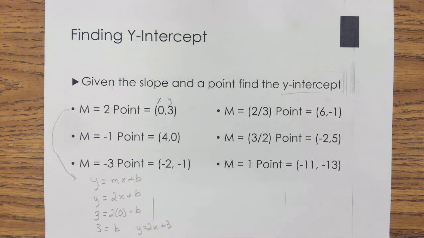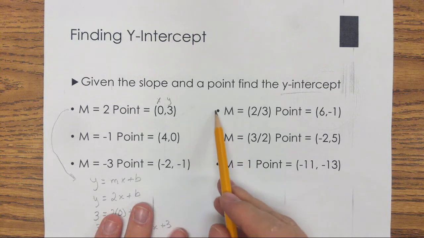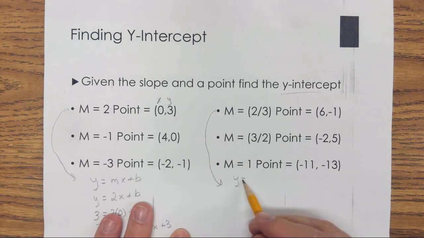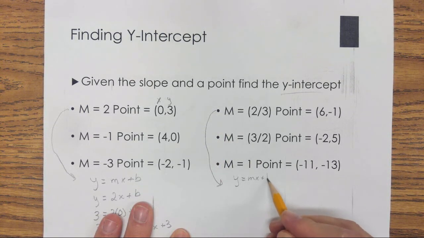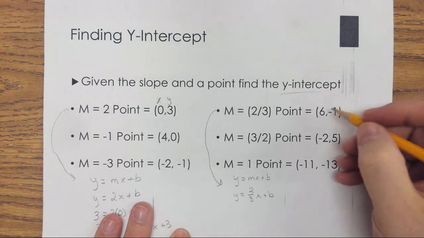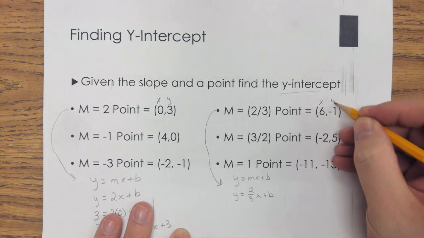Okay. Let's look at this one right here. So again, I'm doing my y equals mx plus b. M is 2/3, so y equals 2/3 x plus b. Here's my point, my x and my y.